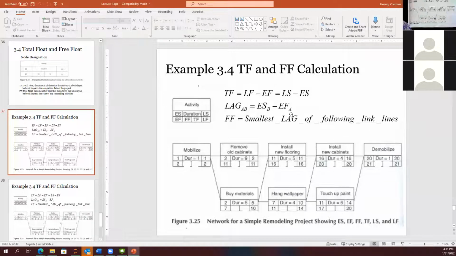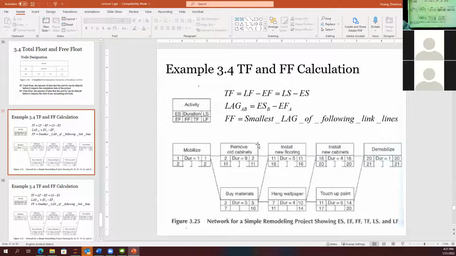line, and then select the smallest one. So for each link line, we calculate a lag number. Link line AB, lag number equals the early start of B minus the early finish of A. A means the left-hand side one, the preceding activity.